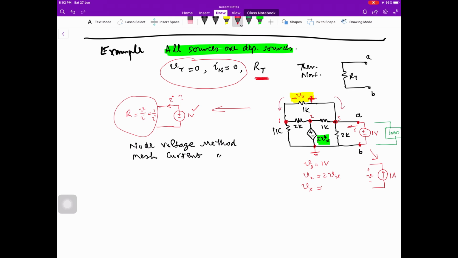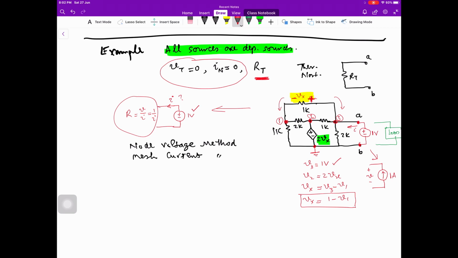On this side we have V1. This is node 1, this is node 2, this is node 3, and we can say that Vx is equal to V3 minus V1. We know what V3 is. Therefore, this is equal to 1 minus V1. So Vx is this, a very important result.